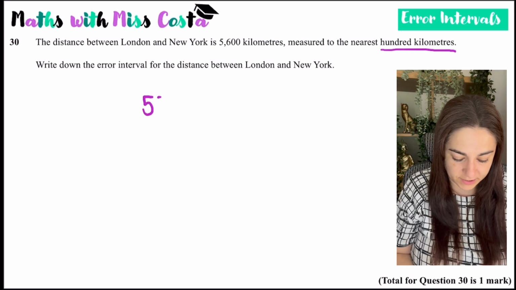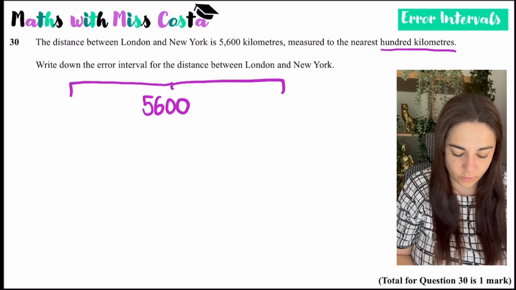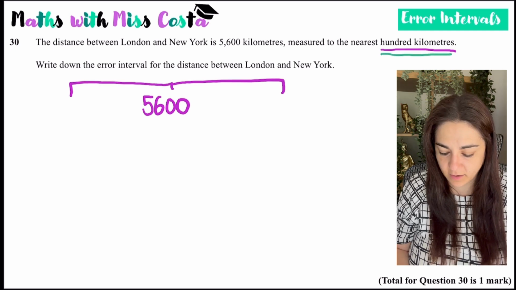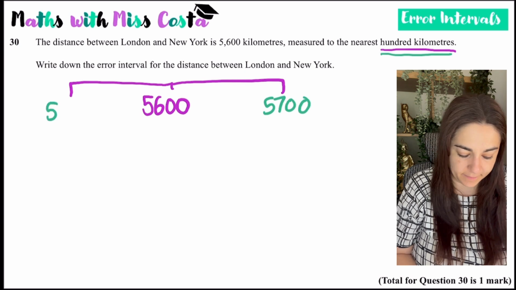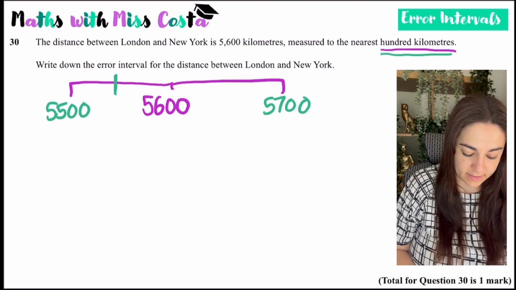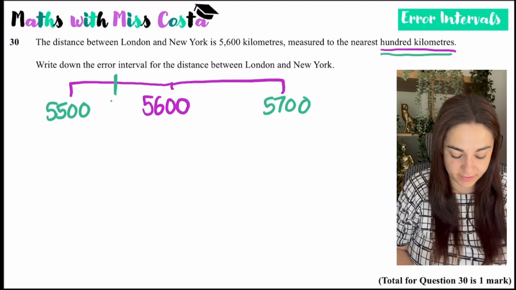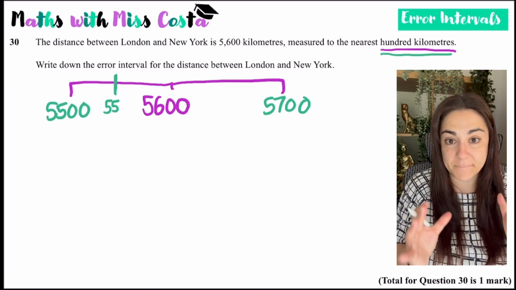So what I want to do is I'll write 5,600, and it's told me that it's been rounded to the nearest 100 kilometers. So I'm going to write the 100 kilometers that are on either side of it. And in order for it to have rounded down to 5,500, it would need to be something that is below halfway.